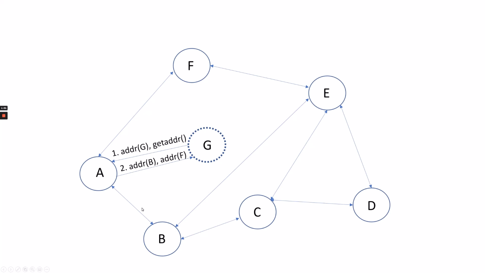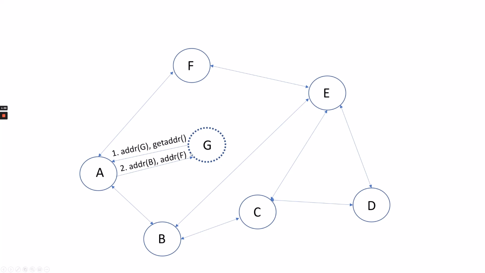In this instance, node G with the dotted lines is the new node, and it's trying to get into the network. It found a seed node called node A, and it sent its own address to A, and also sent a get address message. After receiving this, if you note the figure here, node A is neighbors with nodes B and F. So it sends the addresses of nodes B and F, which G now has information about.